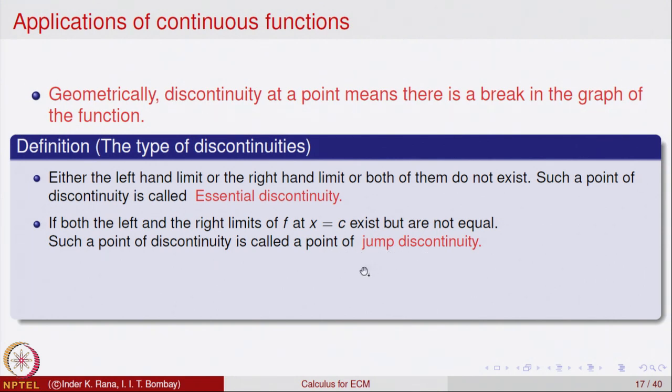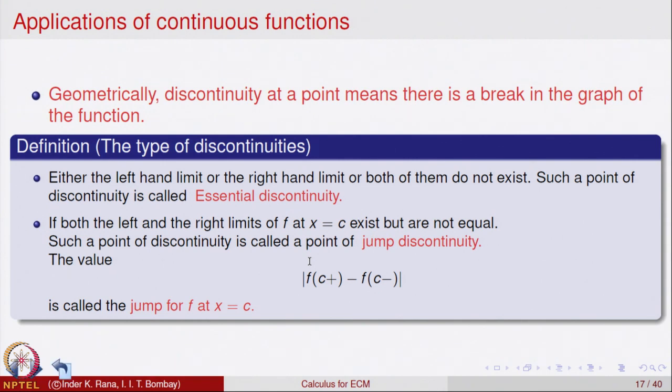The left limit f(c-) exists, the right limit f(c+) exists, but they are not equal, and the absolute value of the difference between the two is called the jump of the function at that point.